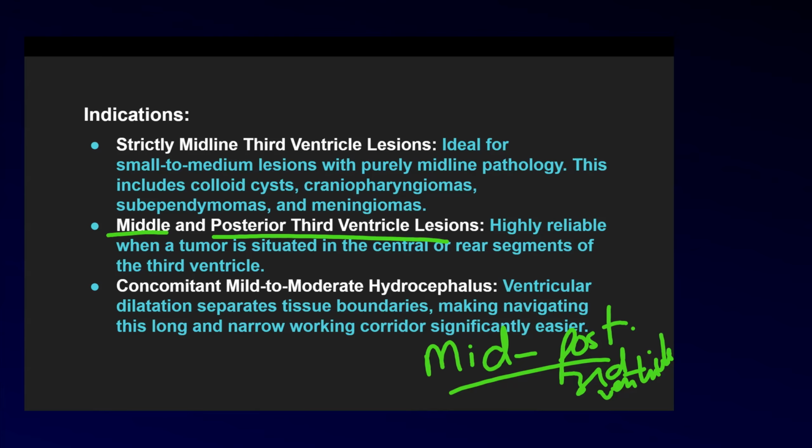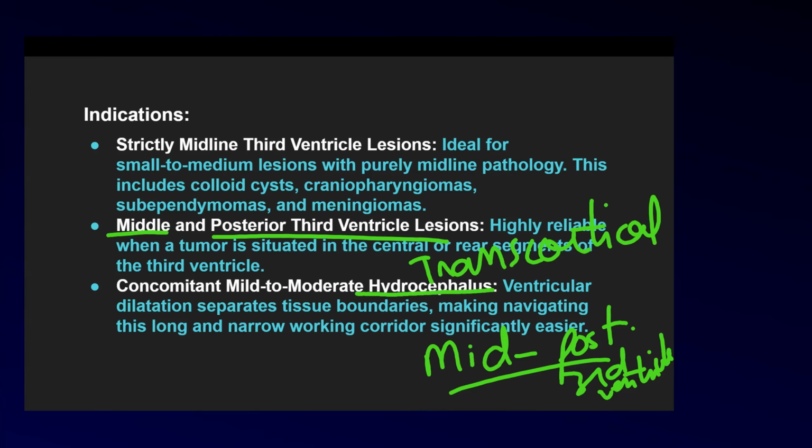And interestingly, even though we have discussed this in a previous session, when there is hydrocephalus, we would prefer a transcortical corridor, primarily because the interhemispheric fissure dissection will be easier if there is no hydro.